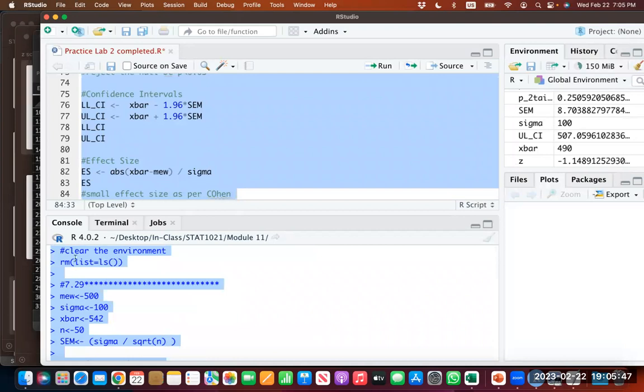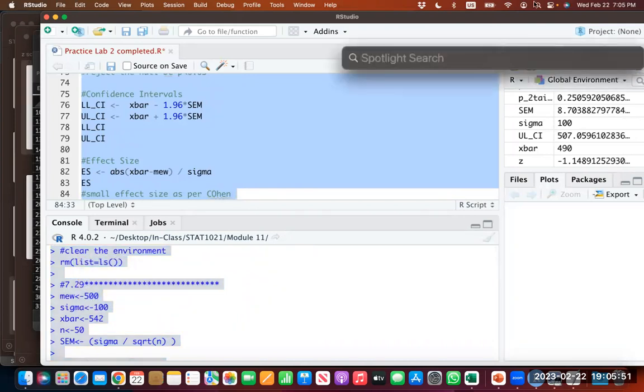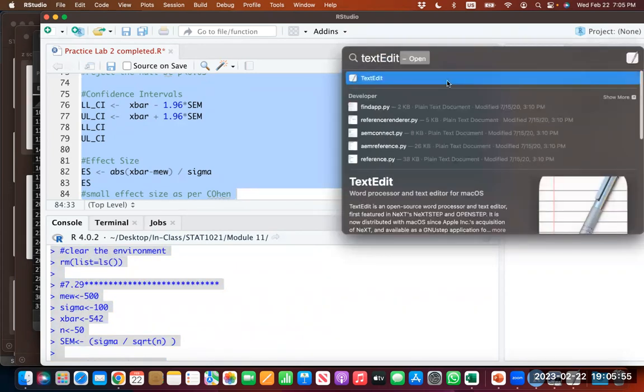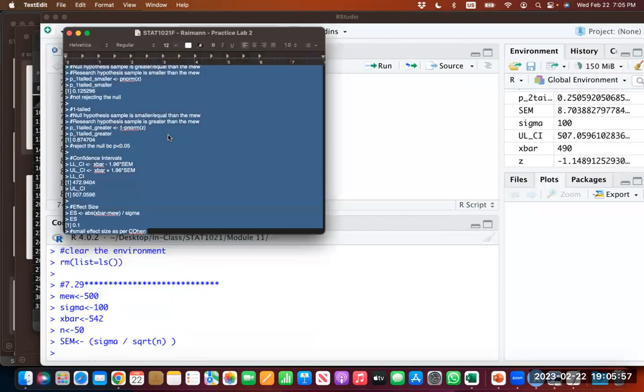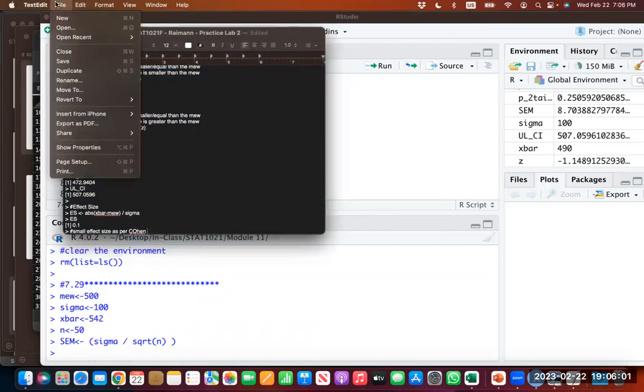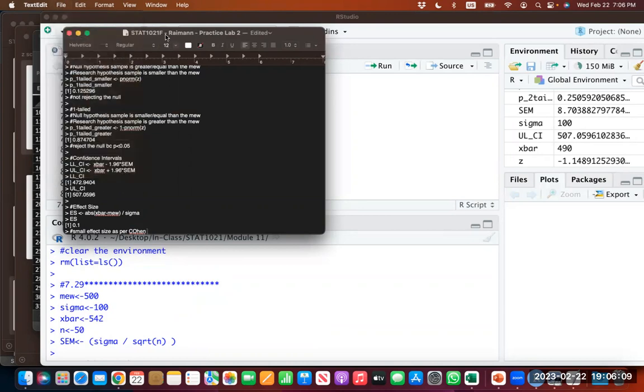Then select everything in the console, copy it, open a text edit file, write in a new text document and save it as STAT1021G-family name-practice lab 3.